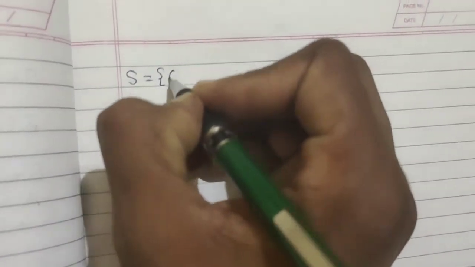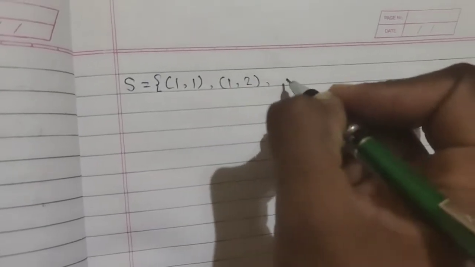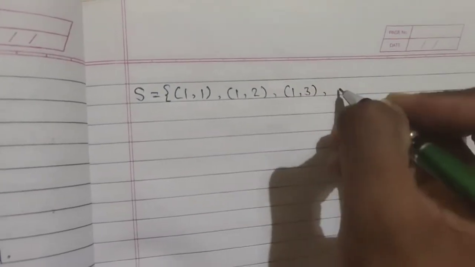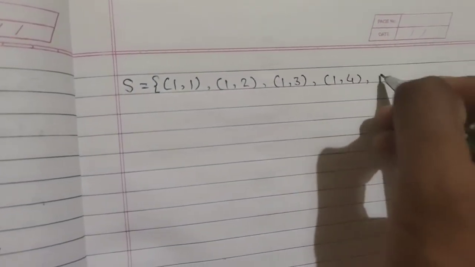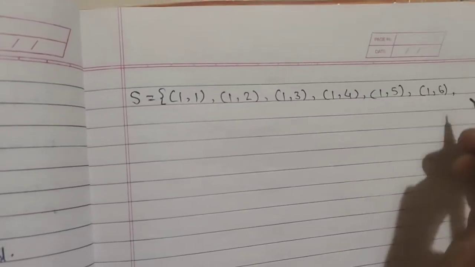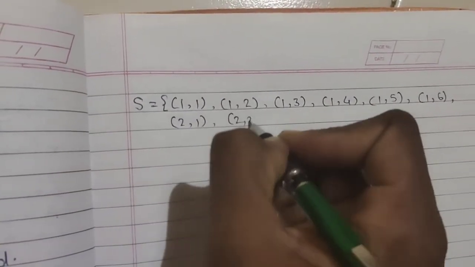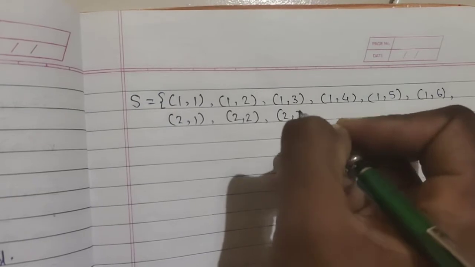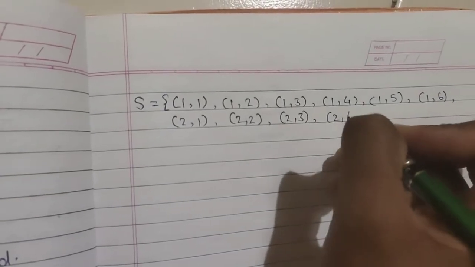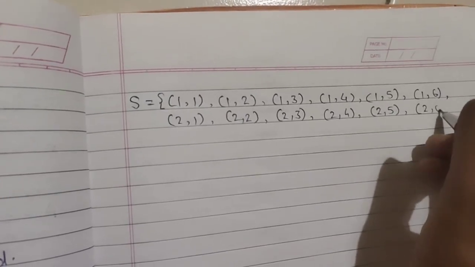Students, already I have told you how to write it, so let me write for you. First you will write 1 1, 1 2, 1 3, 1 4, 1 5, 1 6. So this way we have finished for 1. Now we will start with 2 1, 2 2, 2 3, 2 4, 2 5, 2 6.